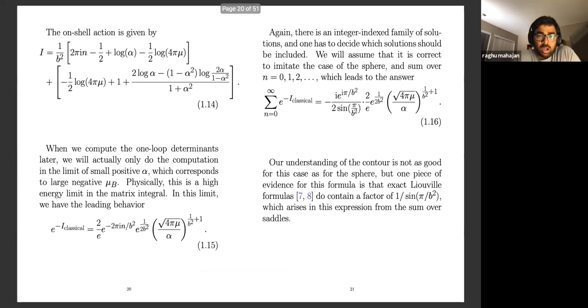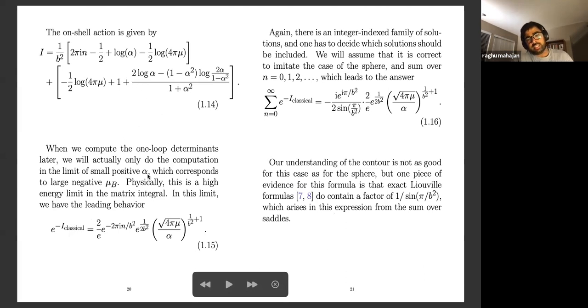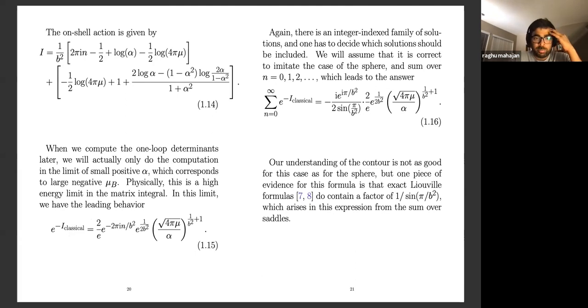Anyway, so then you can again compute the on-shell action, which I have displayed in this equation 1.14. There's some action. And as I said, it is simple to just work in the limit of small alpha. And then this 1.15 is the simplified form of the classical action. Now here we can already see that things will become nice in the ratio sphere over disk squared. Notice that the power of mu will cancel.